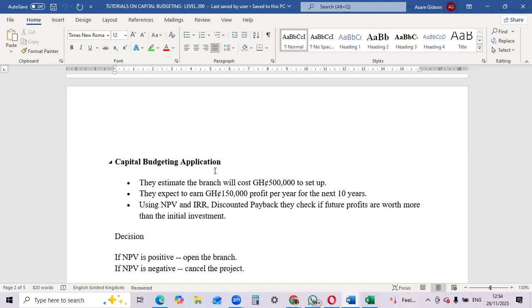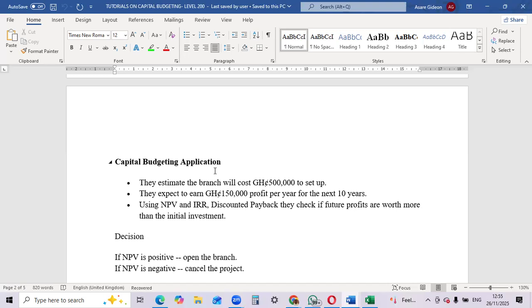Now, depending on the NPV or the technical tools that you are going to use, so far as this particular course is concerned, that is the investment appraisal techniques or the capital budgeting techniques, I don't want to go there because we are going to talk about it extensively, right?